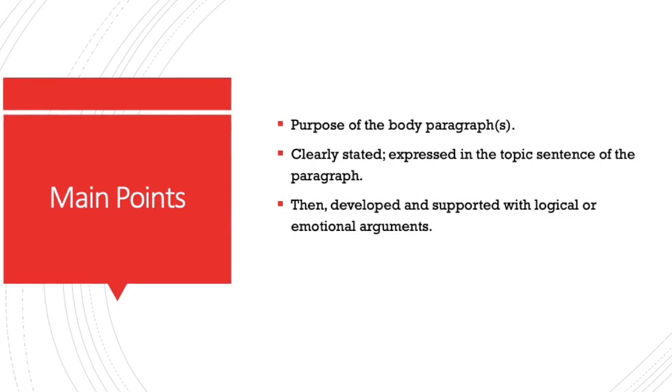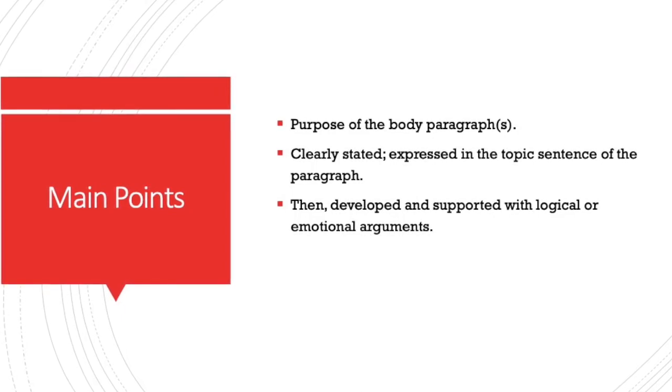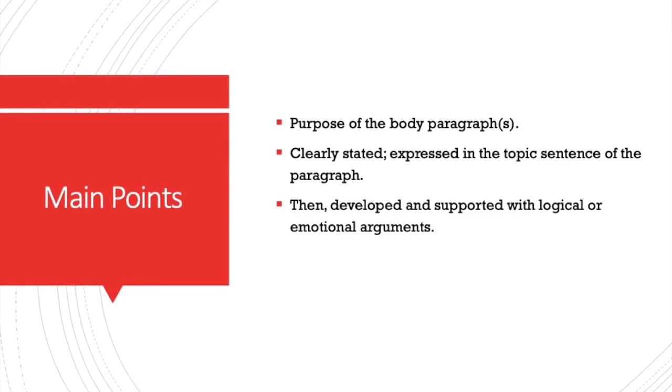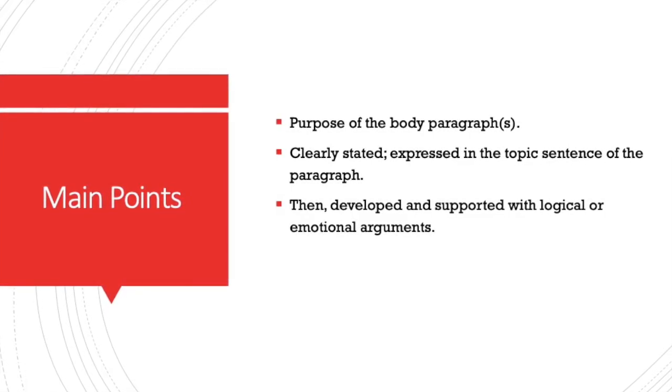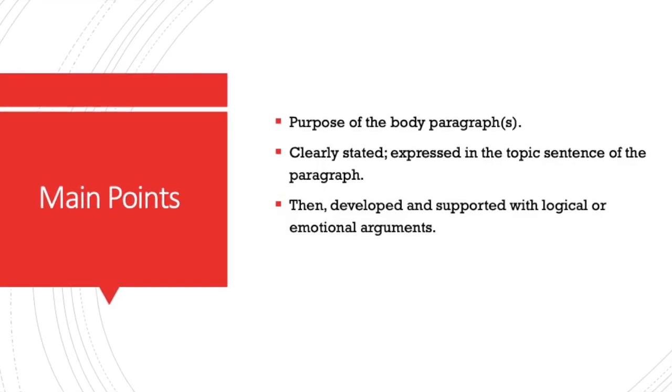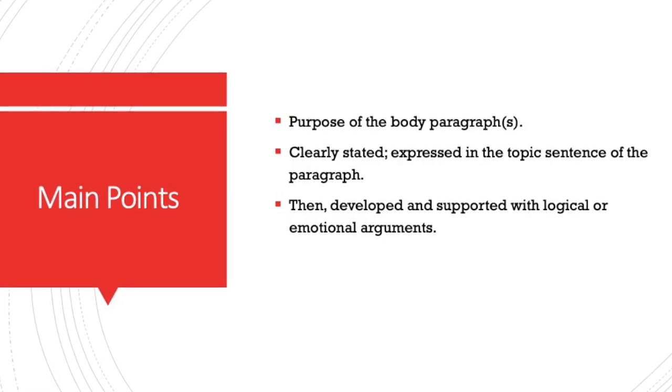Okay, so with your main points, at the beginning of each one, when we say body paragraph, we'll assume the first paragraph that starts your first main point. You should have the purpose of that body paragraph clearly stated, expressed in the topic sentence, okay? And then you develop and support it with logical and/or emotional arguments.